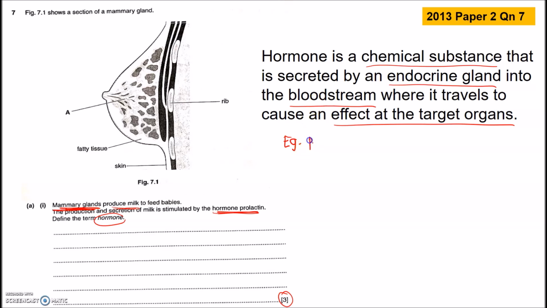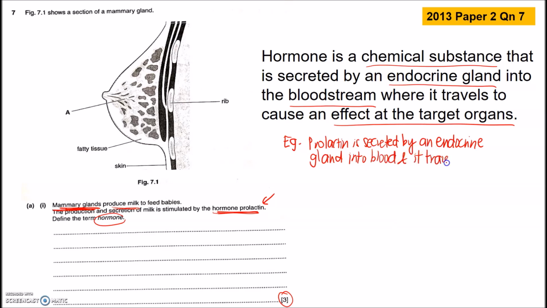Hormone, so prolactin, is secreted by an endocrine gland. We still do not know what this endocrine gland is. It is not the mammary gland, okay? The mammary gland is secreting milk, not the hormone prolactin. So make sure you read the question properly. Into blood, and it travels to the target organ, right?